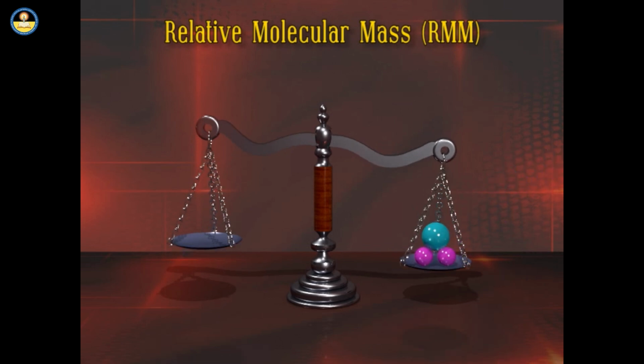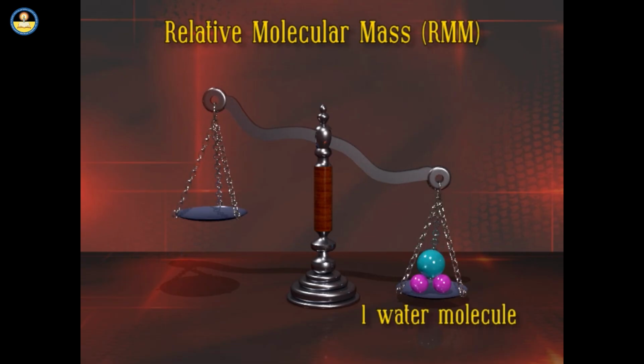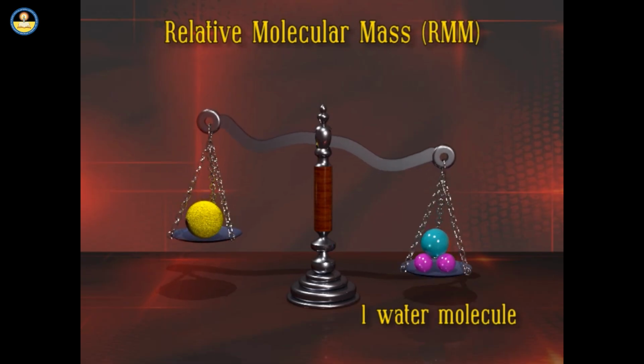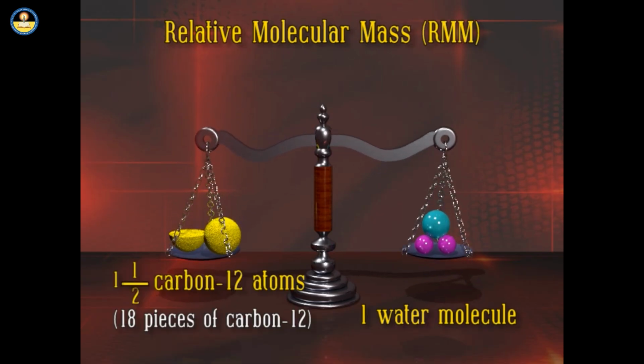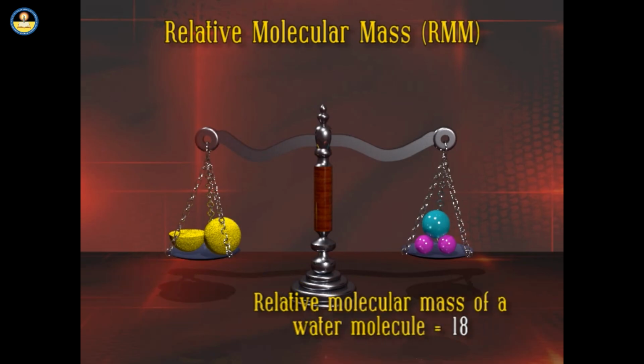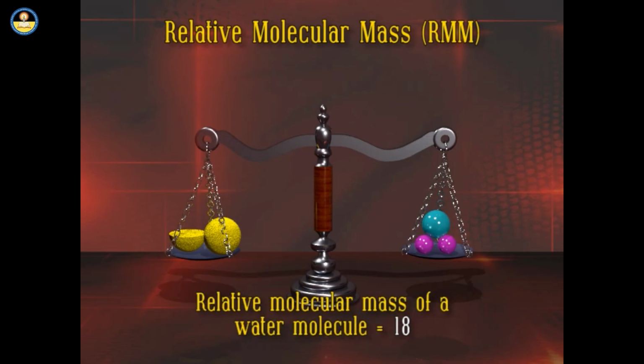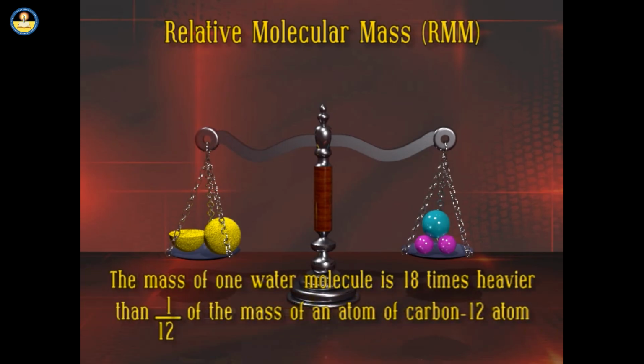If we place one water molecule on one arm of a beam balance and try to balance it with carbon-12 atoms, we find that we have to balance it with 1½ carbon atoms, that is, 18 pieces of carbon atoms. This means that relative molecular mass of a water molecule is 18. The mass of one water molecule is 18 times heavier than 1/12 times mass of a carbon-12 atom.